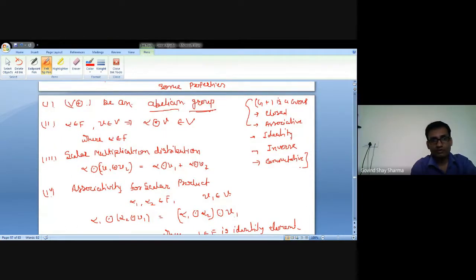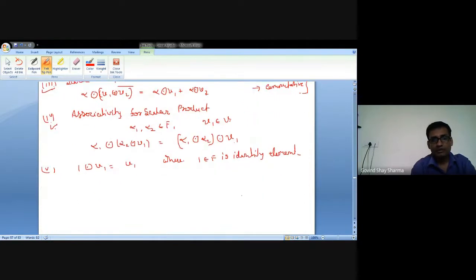Second, alpha belongs to F, and alpha dot v belongs to V. Third, scalar multiplication distributes over v1 plus v2, fourth, the associative property for multiplication, and fifth, the multiplication identity element also exists. If an algebraic structure fulfills these conditions, then we say that this is a vector space.